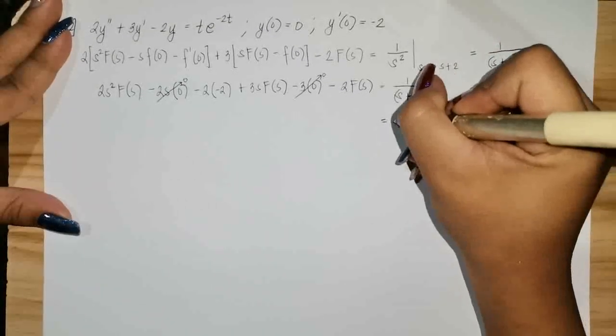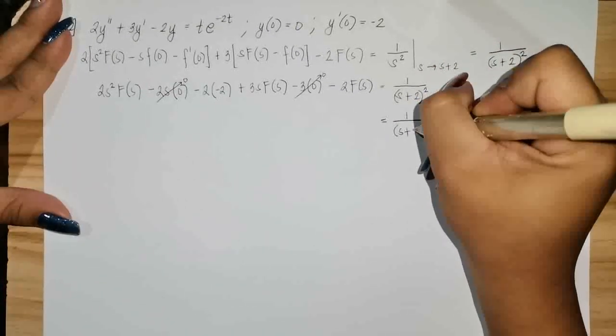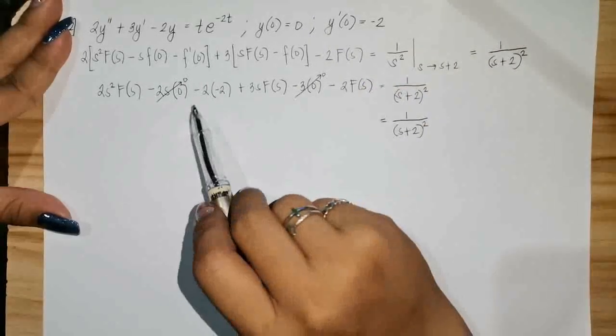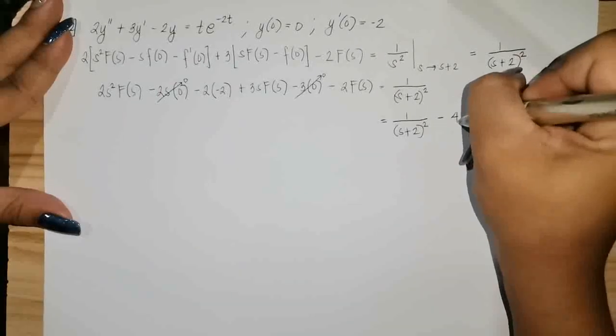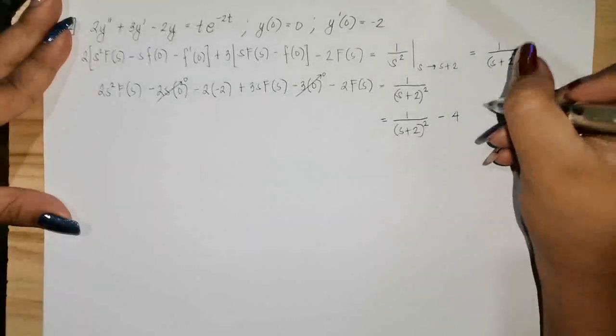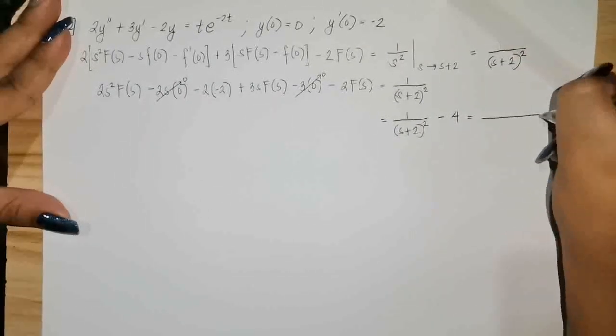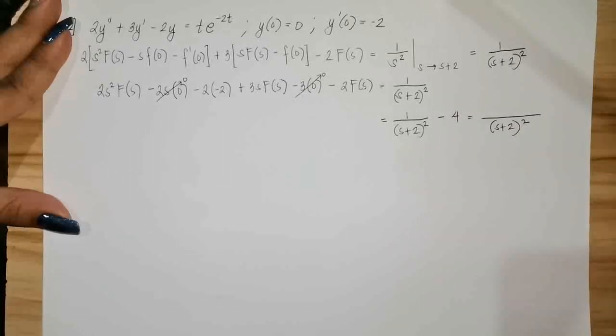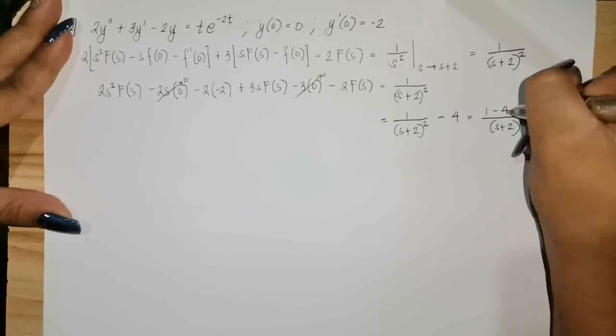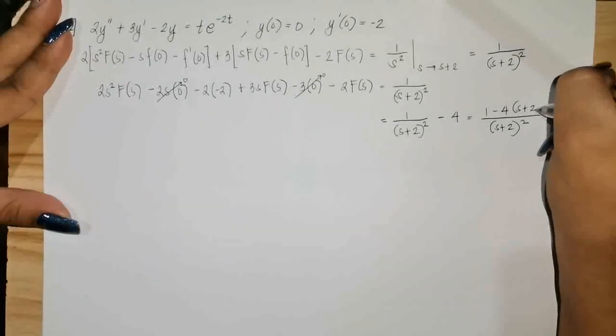So that will be 1 over s plus 2 squared, positive 4, lipat sa kabila, minus 4. Okay? So that will be equivalent to s plus 2 squared, 1 minus 4 multiplied by s plus 2 squared.